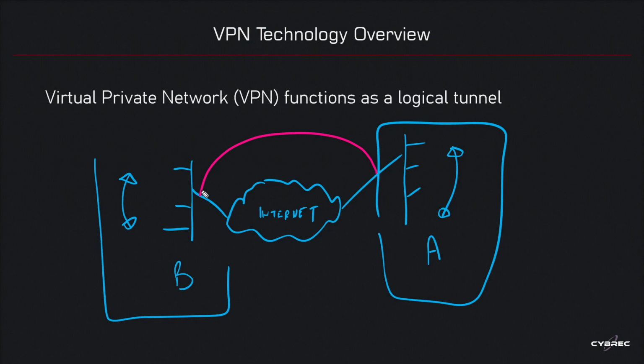This is not going to be a physical connection. This is going to be a virtual connection, thus virtual private network. A tunnel that is going to connect company A with company B, and is going to allow for a data exchange.